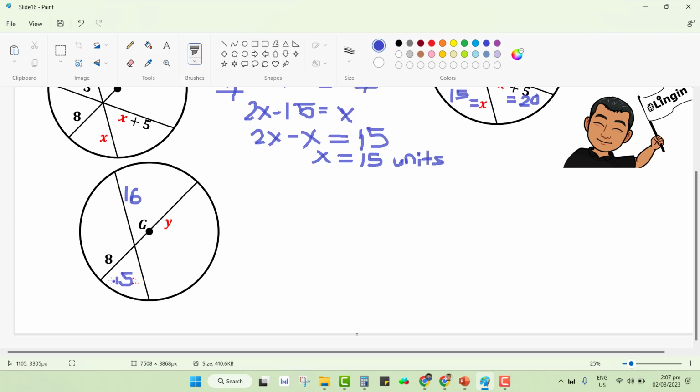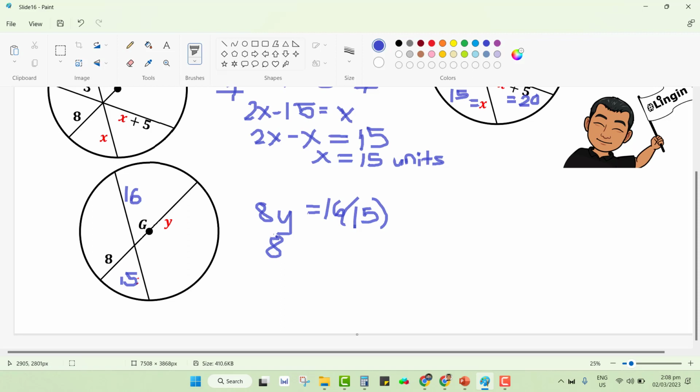So now that we have the exact value for this measurement, and as well as for its other segment that is originally part of the chord, let us use the chord-chord power theorem in solving for the value of y. That would mean the product of this segment and that, so you'll have 8 times y, or 8y, is equal to 16 times 15.